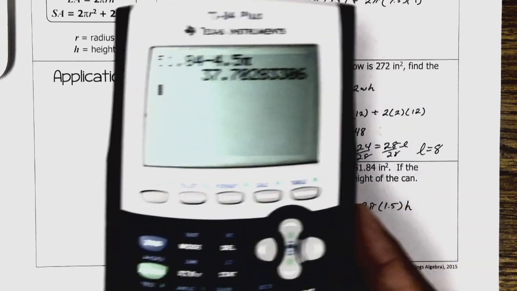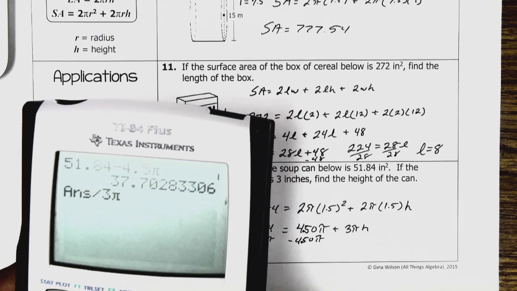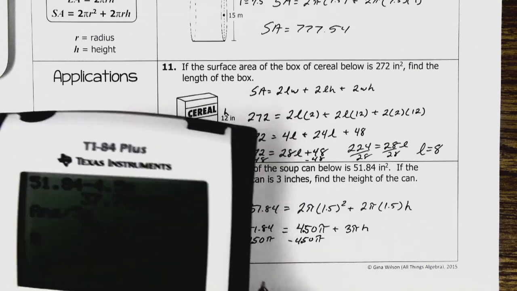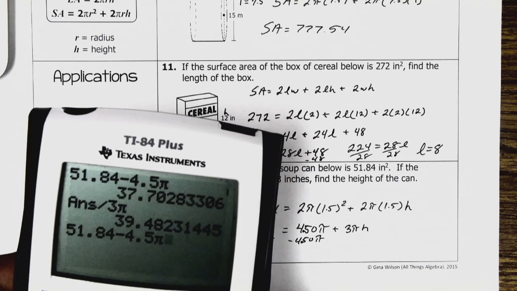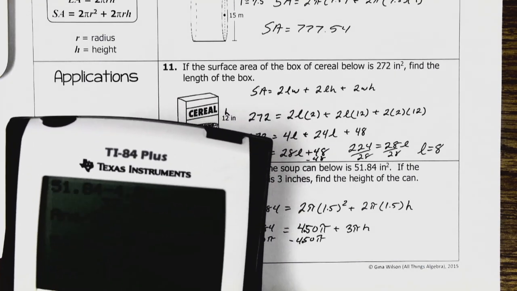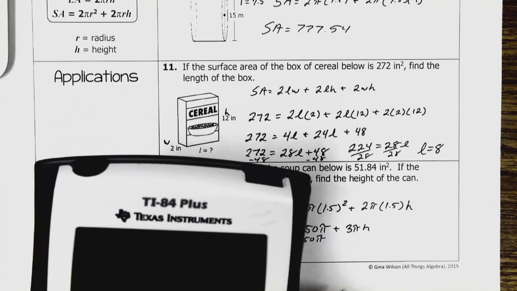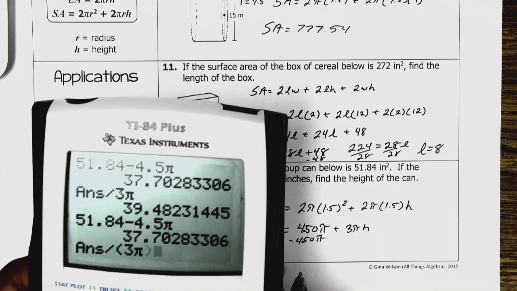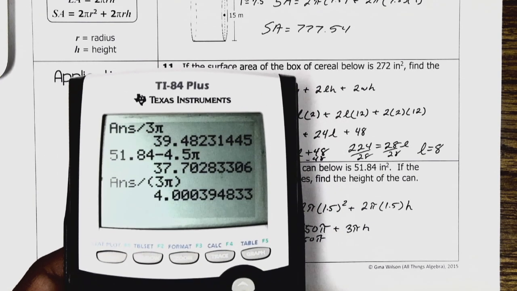So then I'm going to divide that by 3 pi. Oh, dummy. I know what I'm doing. When you get to this part, you have to put in parentheses. That's what I forgot. I did it right, but I didn't put in parentheses. There it is.